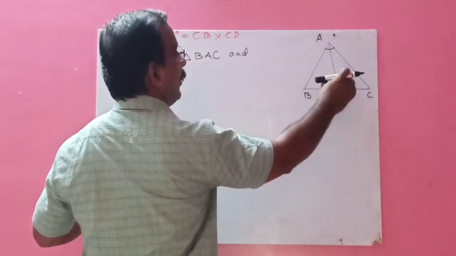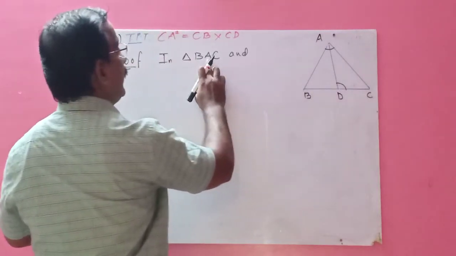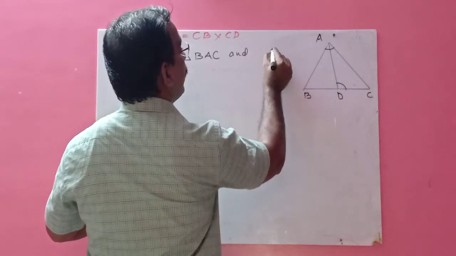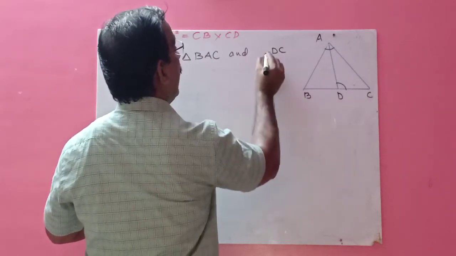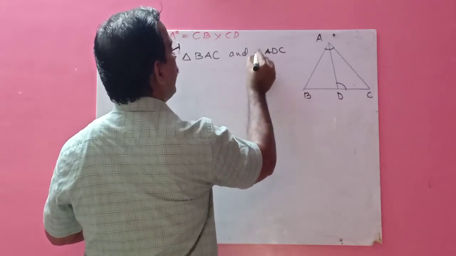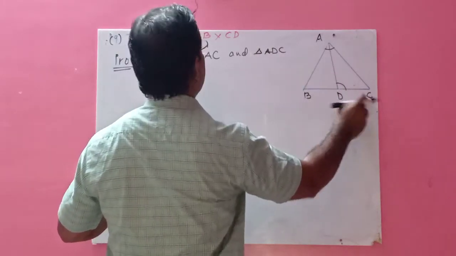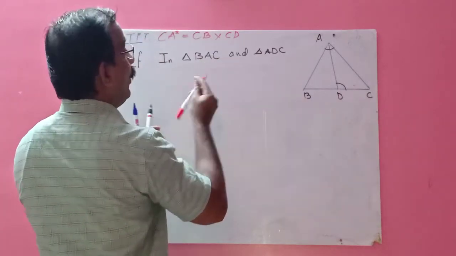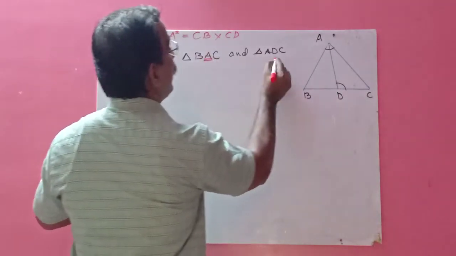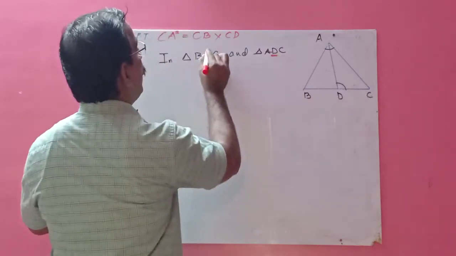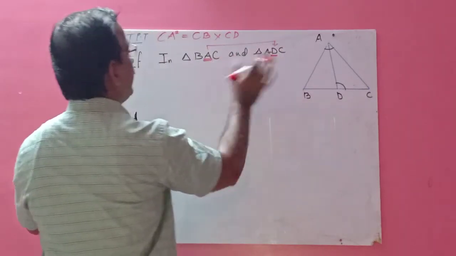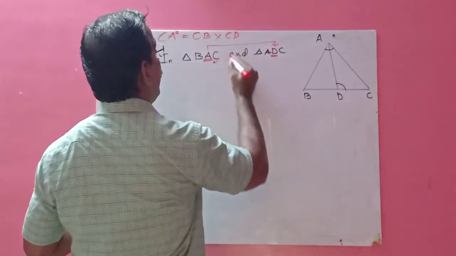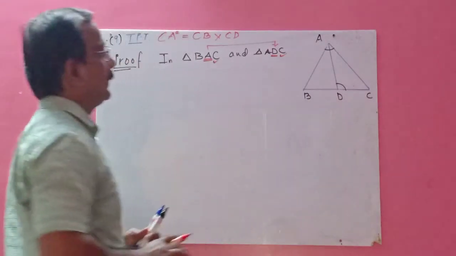D, right, of this triangle. So here A is congruent to D. So write here D, C and A: ADC. Because this A of this triangle is congruent with D. So one-to-one correspondence means they must have the same place. Similarly, C is congruent to C.